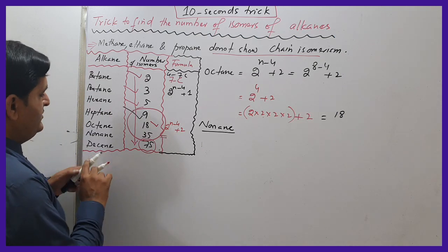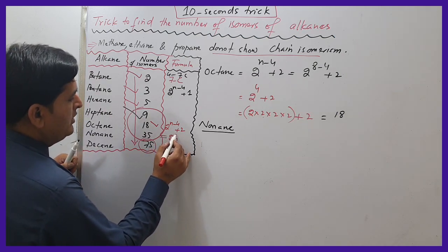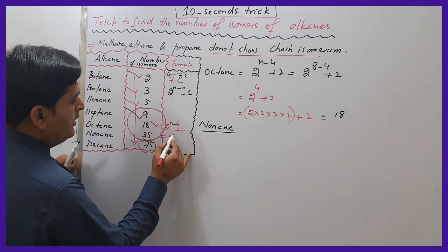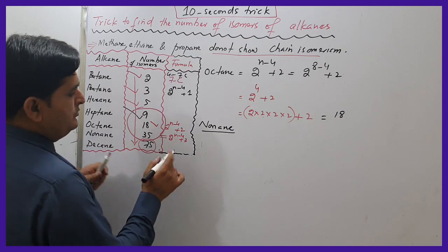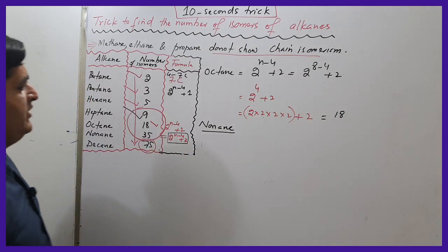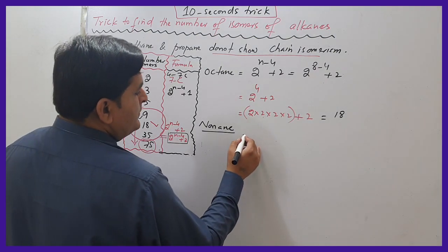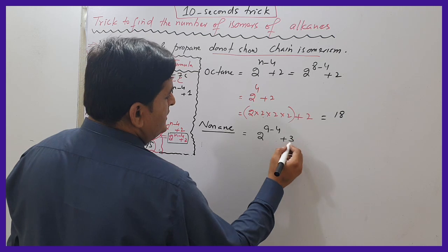For nonane, there is a slight variation in the formula. The formula becomes 2 power n minus 4 plus 3. So for nonane, we use this formula: 9 minus 4 plus 3.